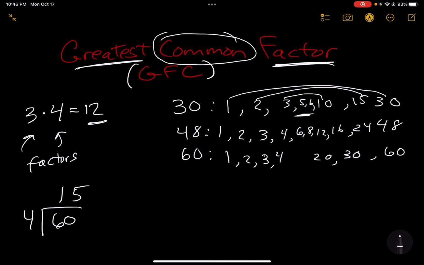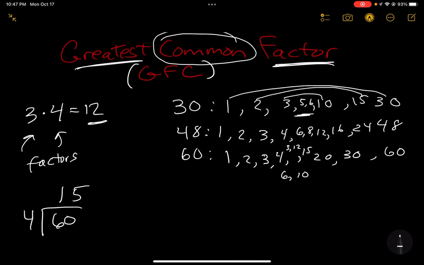Okay, 4 and 15. I'm running out of space. 5 times 12. Oof. And I still have 6 times 10 to squeeze in here somehow. And again, you see how they closed in so that there's only 7, 8, and 9 left, but nothing 7, 8, and 9 will go into 60 evenly.